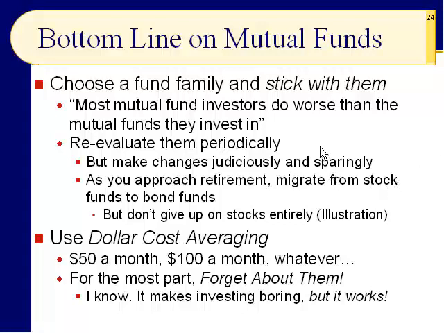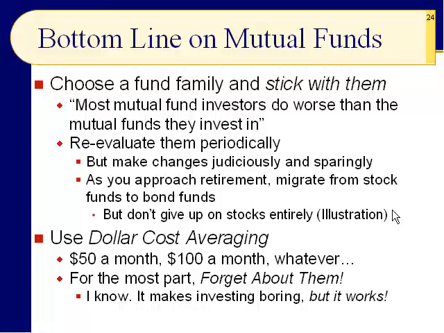Reevaluate your mutual funds periodically, but make changes judiciously and sparingly. Don't you love those words? Judiciously, sparingly. As you approach retirement, migrate from stock funds to bond funds, but don't give up on stocks entirely. Look at those illustrations. And when we get to chapter 14, we're going to take a look at the distribution phase.